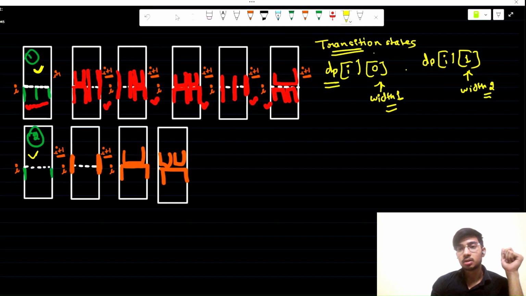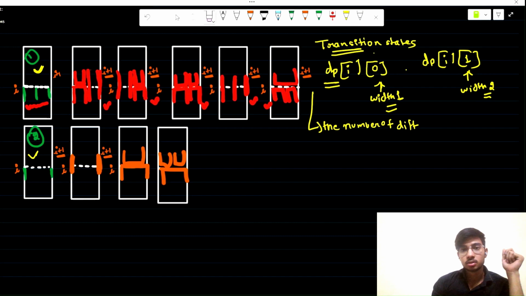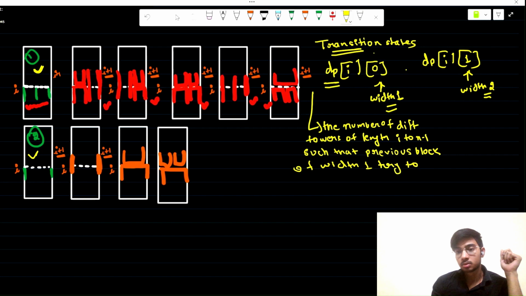And what the whole thing represents is the number of different tasks that you can build, the number of different tasks of length I to n minus 1, such that the previous block of width 1 is trying to extend. This is what dp of I0 represents.